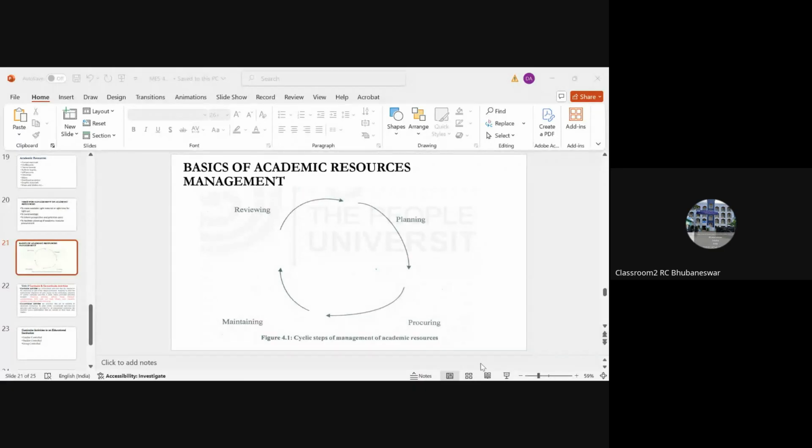Maintenance is the most important aspect of academic resource management in every school and colleges and universities.